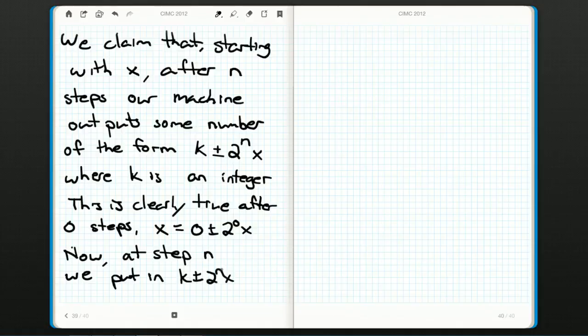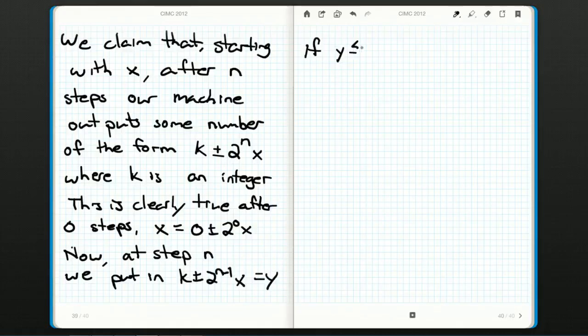At step n, what are we doing? We're putting in 2 to the n minus 1 times x, and we're going to say that that's equal to y, just because we need a name for it.